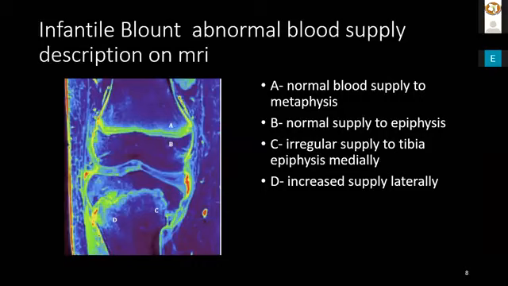But at position C, you find that there is irregular supply of the tibia, and of course that will affect the growth of the bone, and hence the development of the deformity. That's why it is sometimes referred to as osteochondrosis, because of that blood supply disruption.